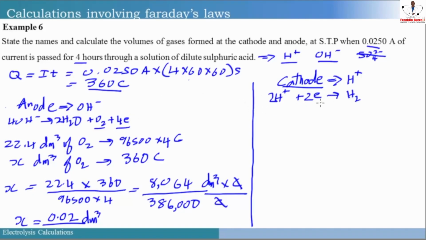So let's do that here, since we are producing oxygen and hydrogen gas. So I will now say 4H plus 4 electrons gives 2H2 gas.